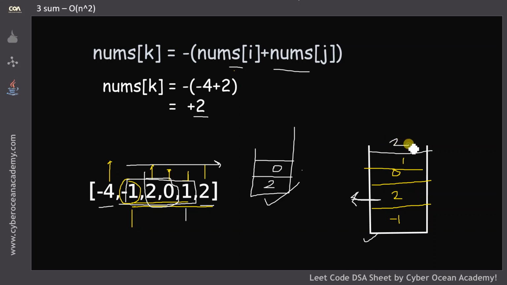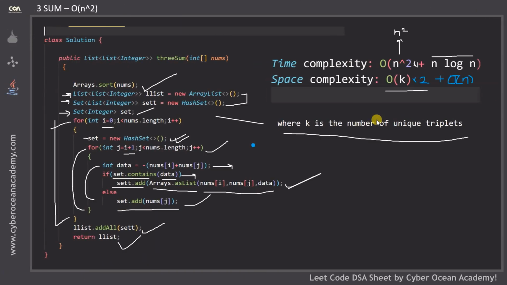Okay, so we can roughly say that order of n. So in the worst case scenario it will take order of n. So overall, the space complexity is order of n plus order of k multiplied by 2. This is our second approach, a better solution than the brute force approach.